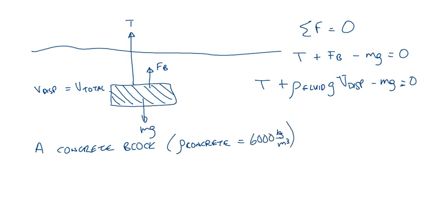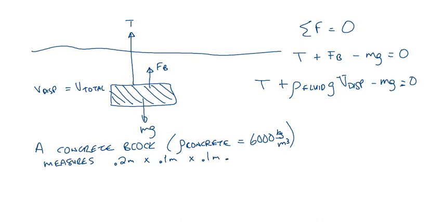If I had a block of concrete 1 meter by 1 meter by 1 meter, it might weigh about 6,000 kilograms, something like that. Here maybe it measures 0.2 meters by 0.1 meter by 0.1 meter.